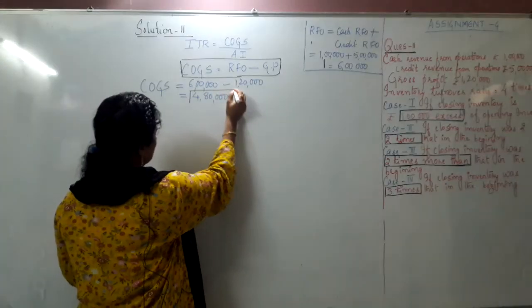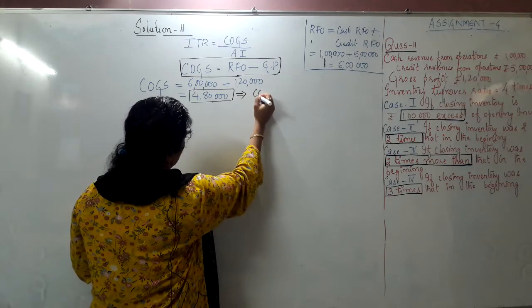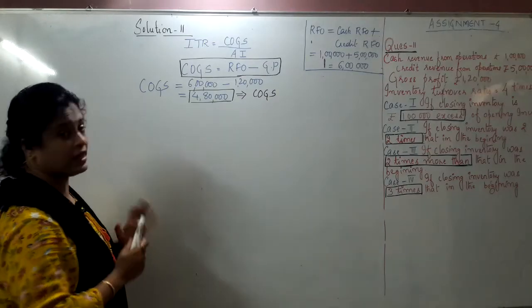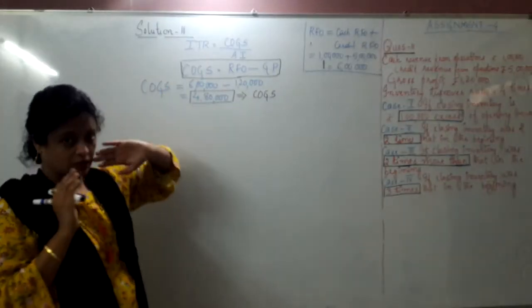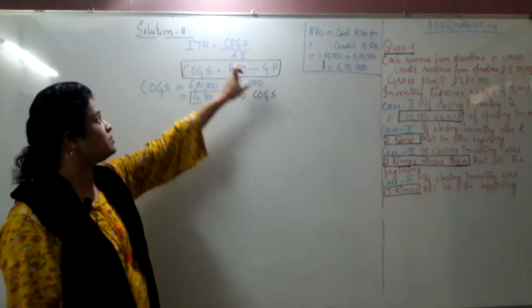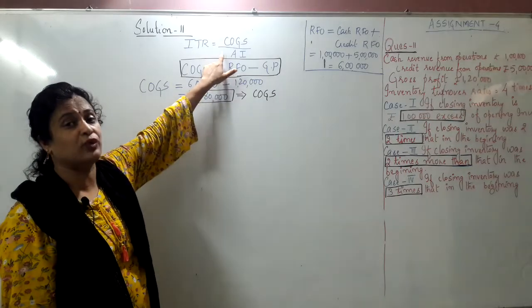So there are two things we now have in the formula: ITR given as 4 times, and COGS just calculated as 4,80,000. The only problem is the average inventory.